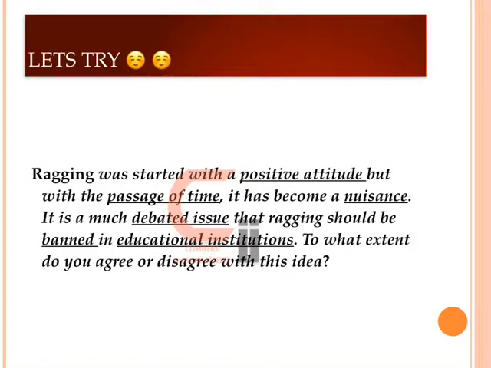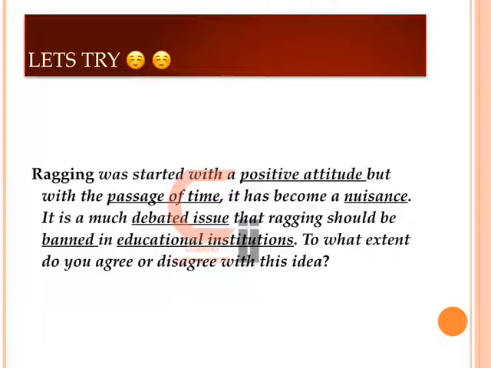I hope the process of making an effective general statement or background statement is quite clear to you. Now let's try with the help of an example. The question is: ragging was started with a positive attitude, but with the passage of time it has become a nuisance. It is a much debated issue that ragging should be banned in educational institutions.